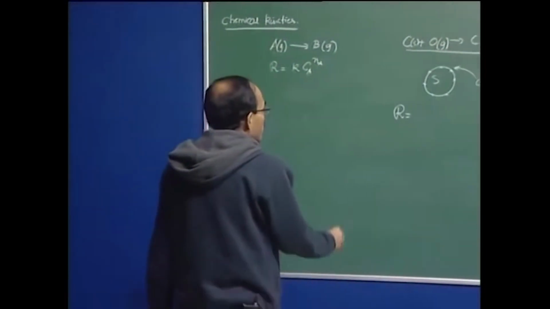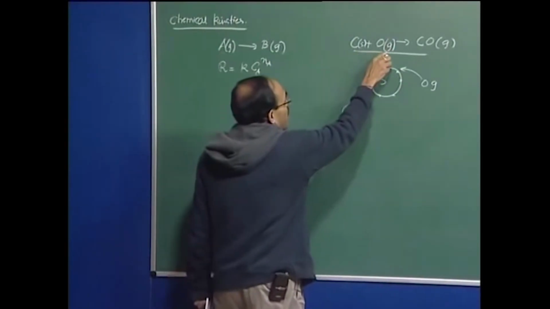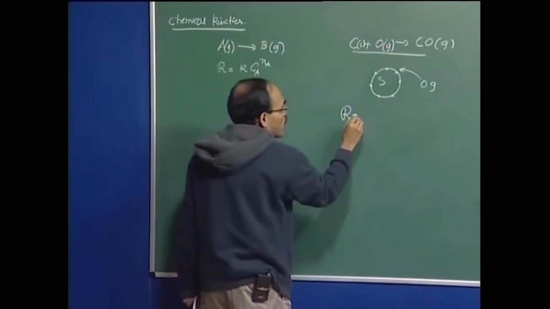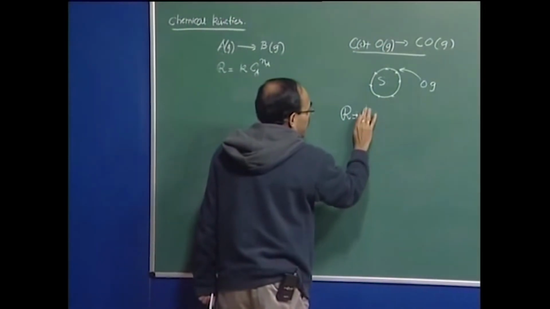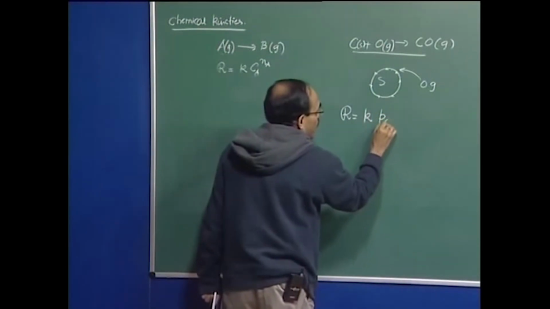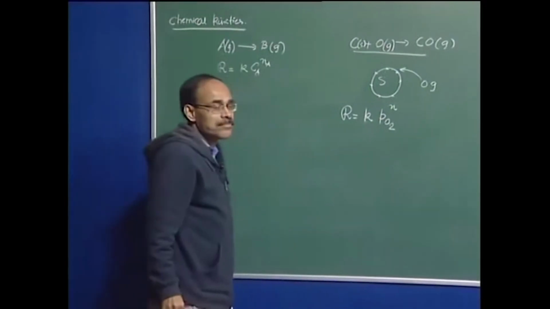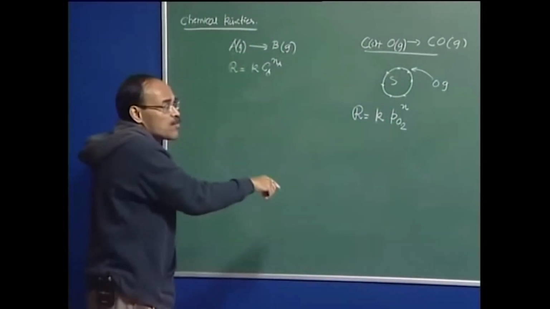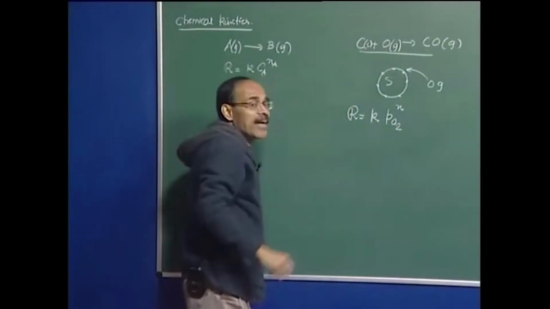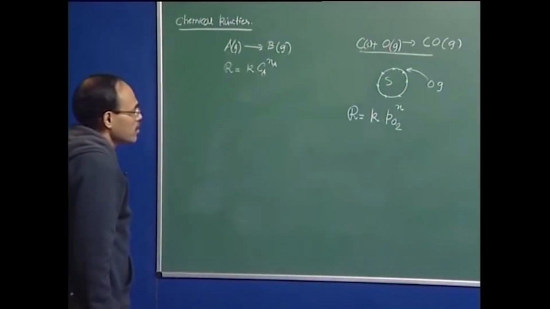If I assume the gases behave ideally, and the activity of carbon in pure phase is equal to 1, then the rate is equal to k times C_O2 to the power n. This is based on the supposition that the activity of carbon is equal to 1 and oxygen is behaving like an ideal gas, in which n represents the order of the equation.